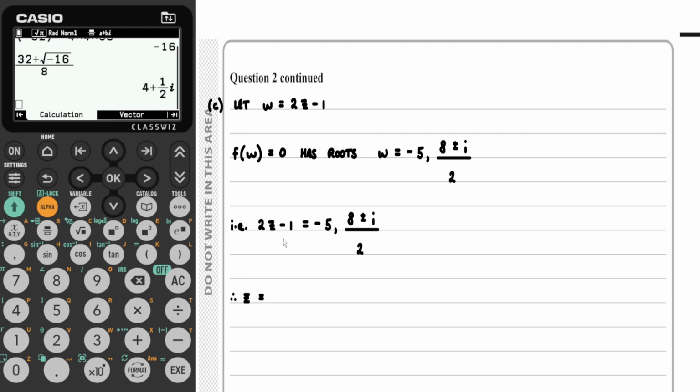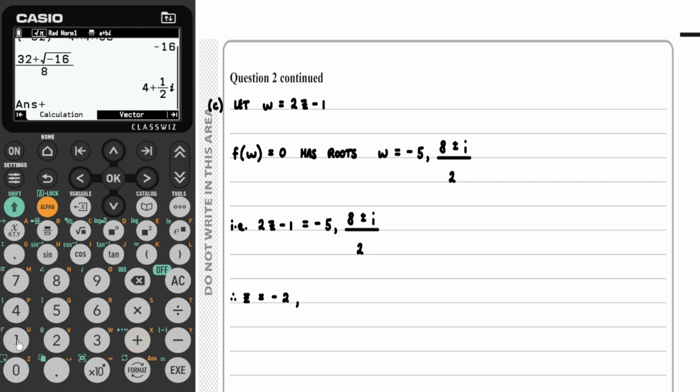So negative 5 plus 1, that's negative 4, and dividing that by 2, we end up with one of the solutions being negative 2. For the other solution, we have 8 plus minus i over 2, or equivalently 4 plus minus a half i.